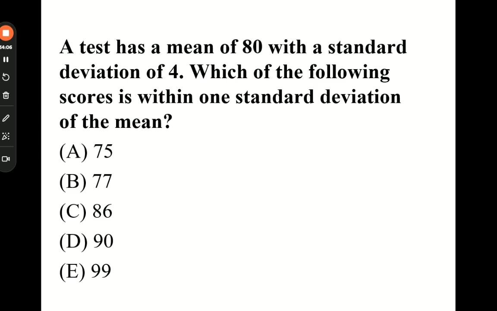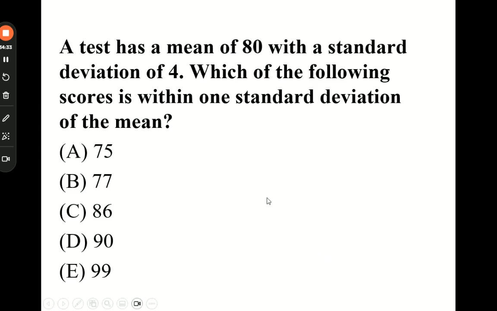A mean of 80 with a standard deviation of 4. Which of the following scores is within 1 standard deviation of the mean? Okay, so the standard deviation is 4. The mean is 80. So your answer needs to be between 84 or 76, within 1 standard deviation.